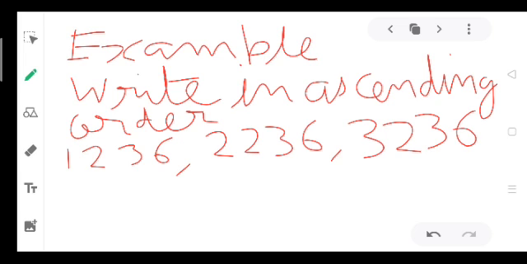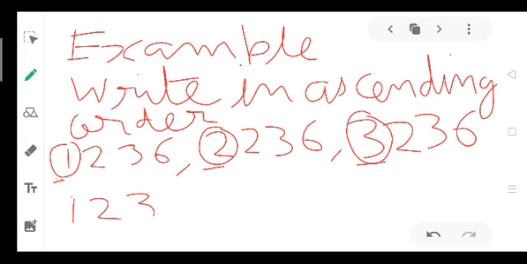So we have to write from smaller to bigger. Which one is smaller? Here there are 4 digits. So in this we have to check only their 1000 place digit first. If we find a difference, then okay, no need to check other digits. So here 1000, 2000, 3000. Which is smallest? 1000. So in ascending order, firstly I will write 1236.